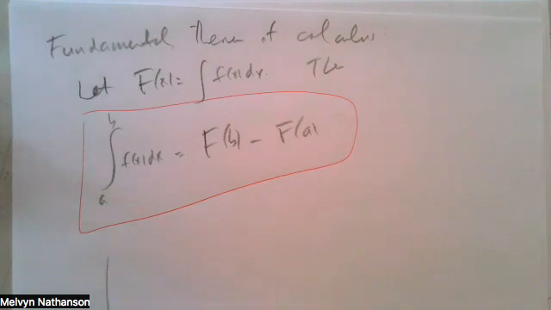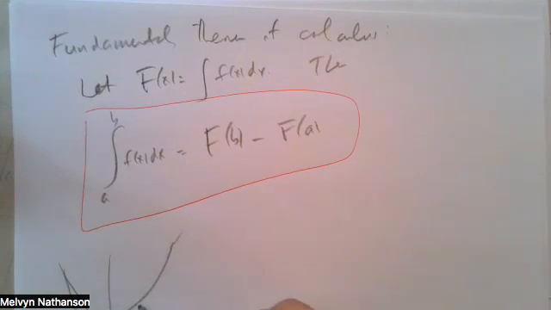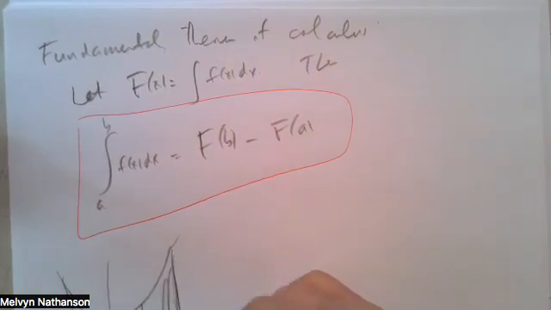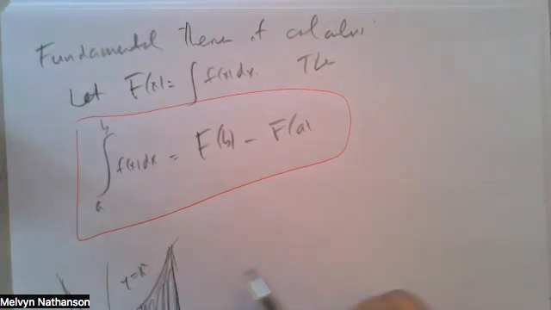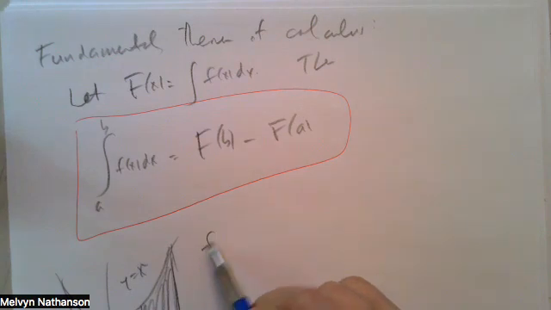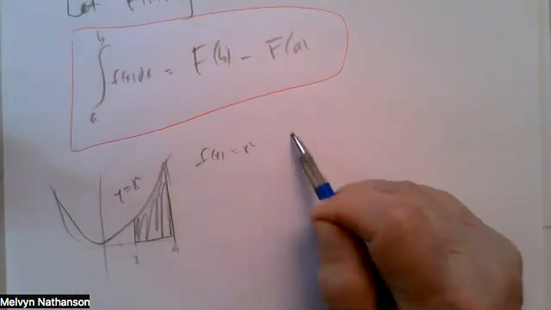So for example, if you have the parabola and you wanted to know, for example, between 2 and 4, what is the area under the parabola in that region? So this is the curve y equals x squared. So f of x, my function, is x squared.